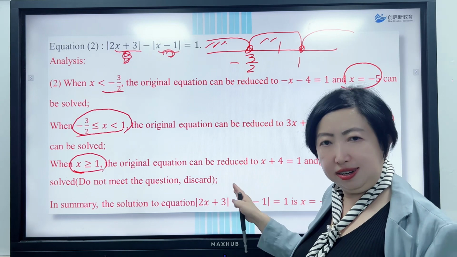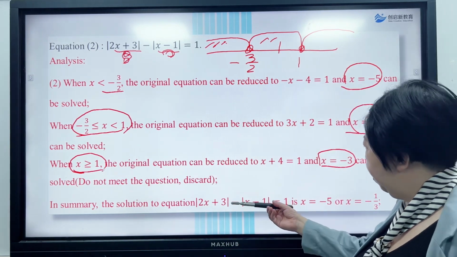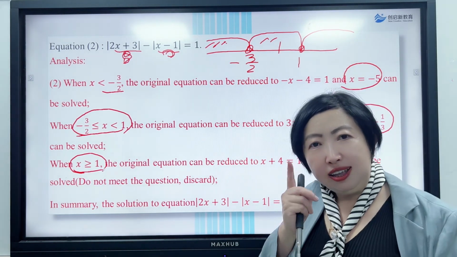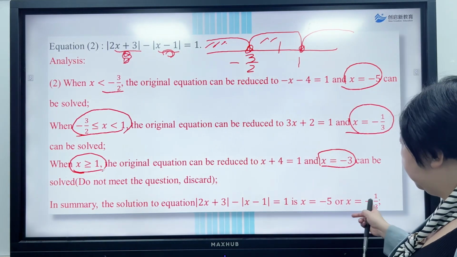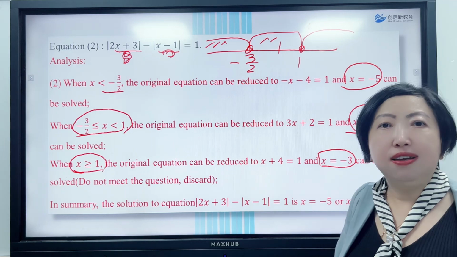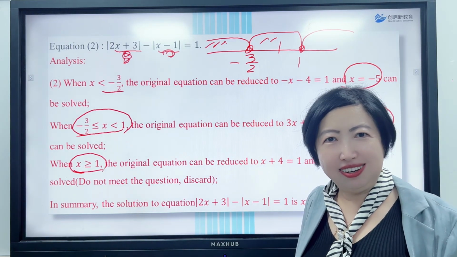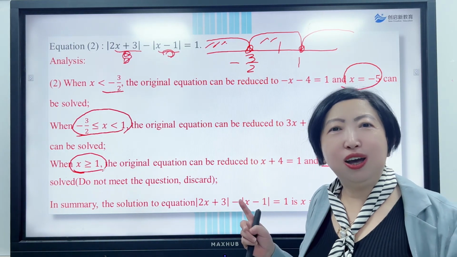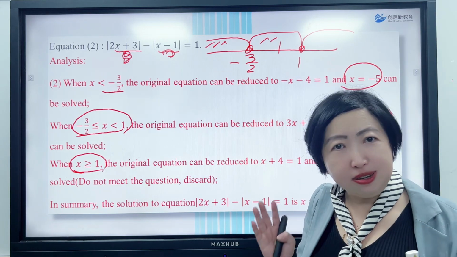So discard it. So we can find the values. It has two values: x equals negative 5, or x equals negative 1 third. This is the equation with the absolute value.